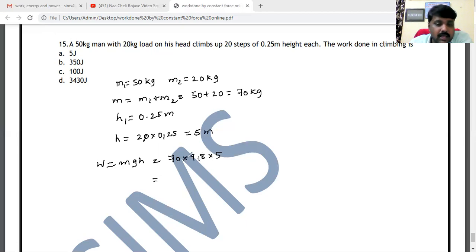Then, let us cancel the decimal point and the 0. 7 5 35, 98 into 35, and so on.